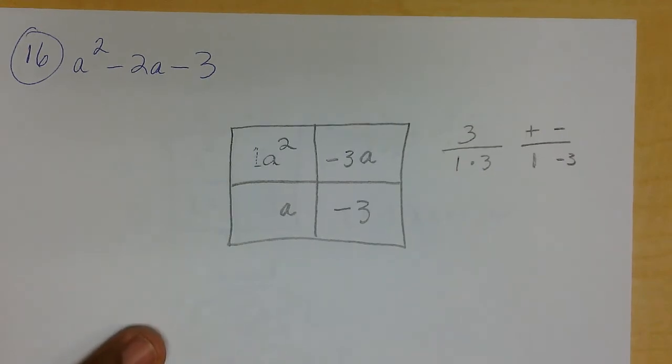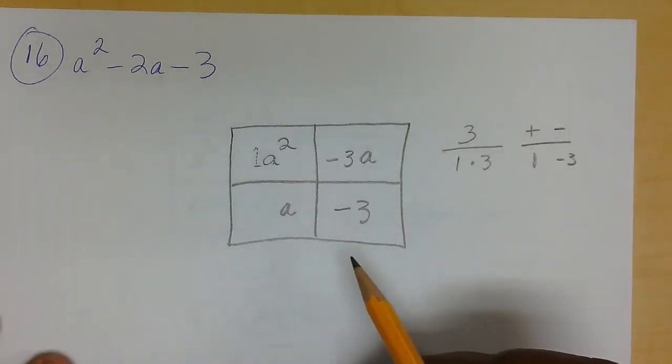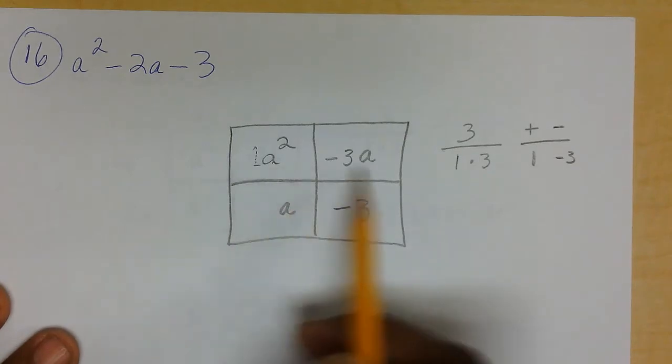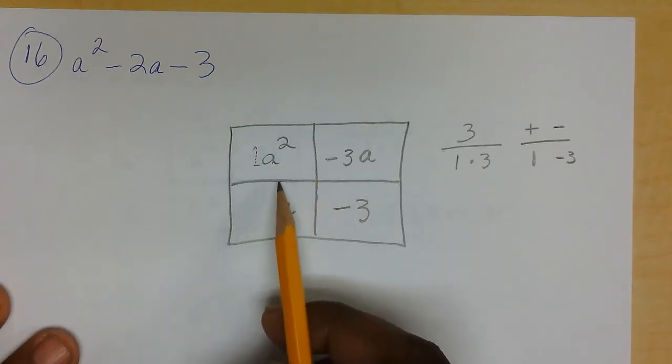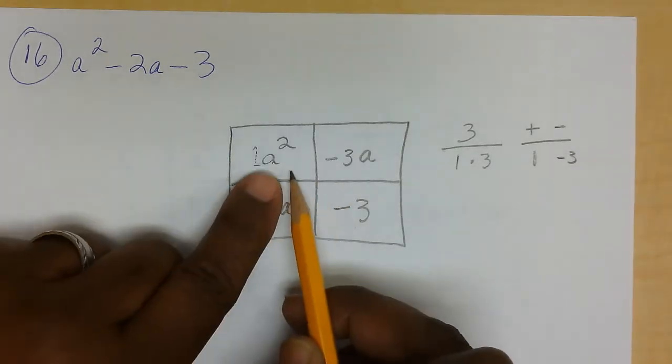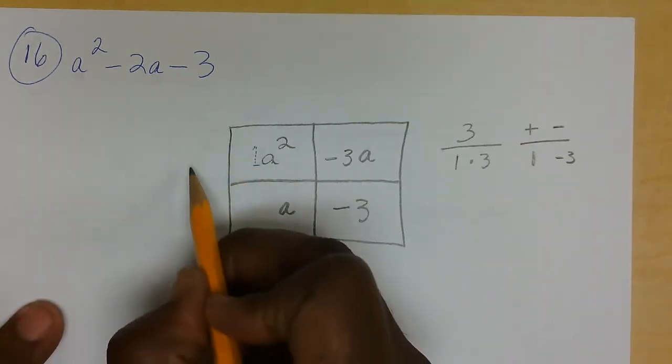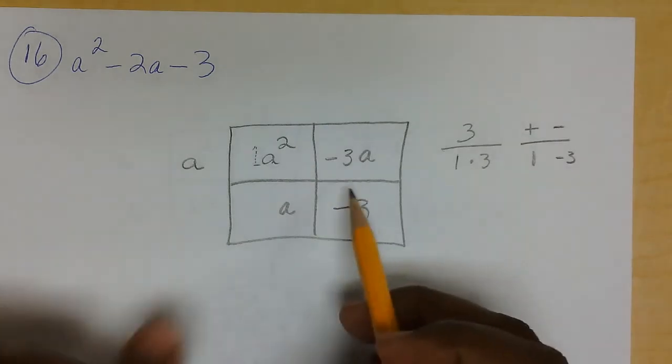Okay, now that we have our box filled in, we're now going to get the common factor from each row and each column. The top row, the common factor, we have a here and we have an a here. So there goes a.